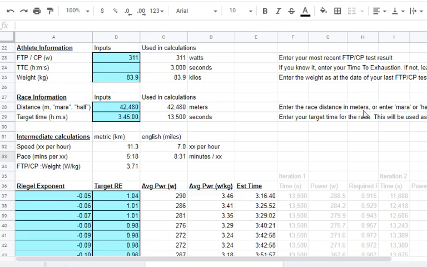So, like I said, the things you need are your FTP or CP, your stride weight, the distance you're asking the question about, your Rigel exponent, and target running effectiveness. I'm going to use, for example, a runner who had a 311 watt FTP, stride weight setting 83.9 kilos.